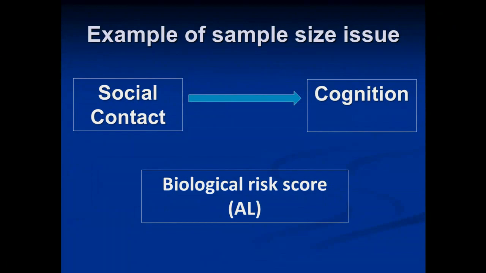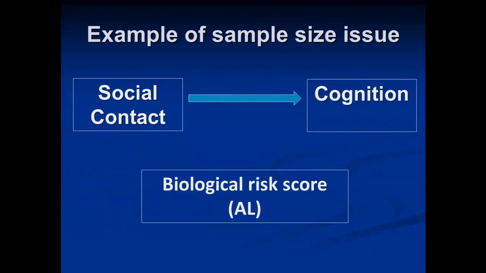The analysis here was to look at those two, the exposure and the outcome, but also, in a secondary aim, to see if a measure that we created of biological risk, a score called allostatic load, explains this association.